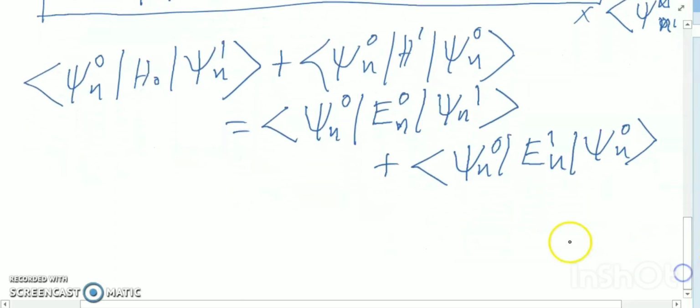Okay, now let us take a look at each one of these components. A very important Hamiltonian property: the Hamiltonian is an observable, so it has to be Hermitian, equal to its complex conjugate. Since it is Hermitian, this portion is going to be 1.